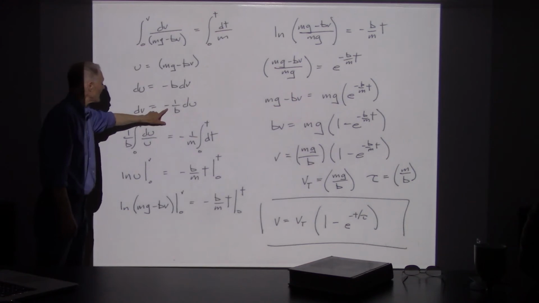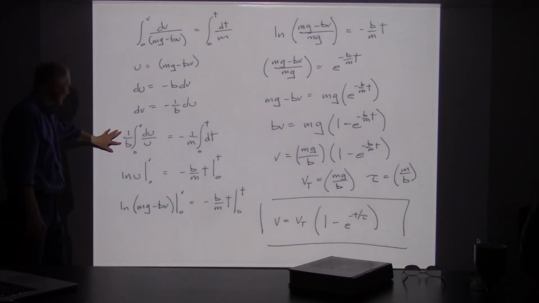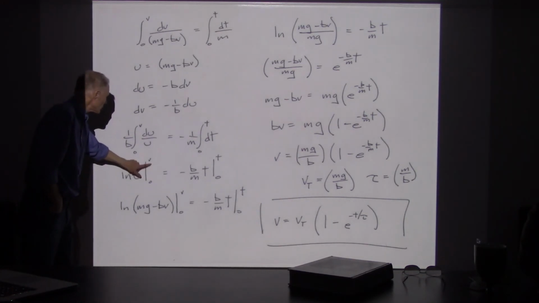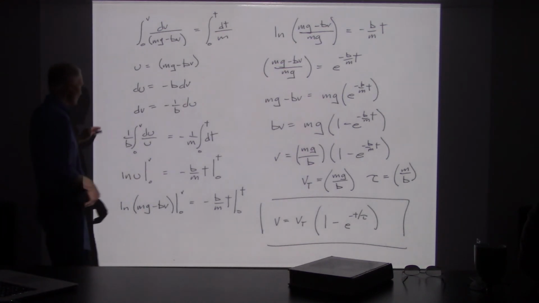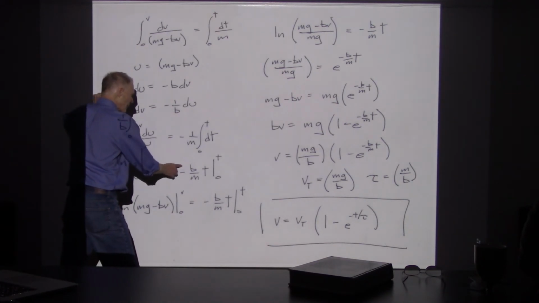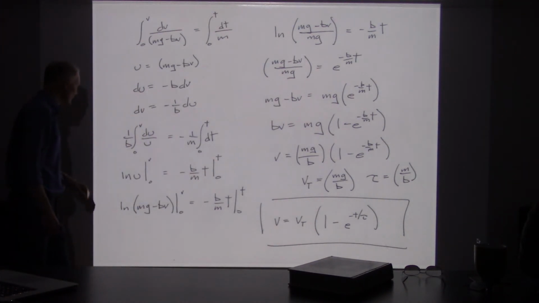There was a minus sign left, and I put that over on the right side. Now, integrating this out, I'm going to get 1 over b, logarithm of u, evaluated between 0 and v. On this side, I brought the b over to this side. I've got minus b over m times t, evaluated between 0 and t.